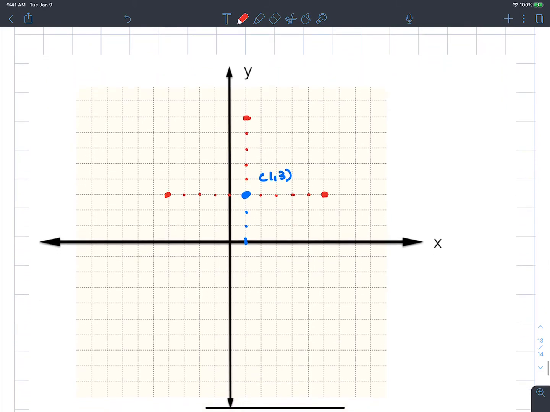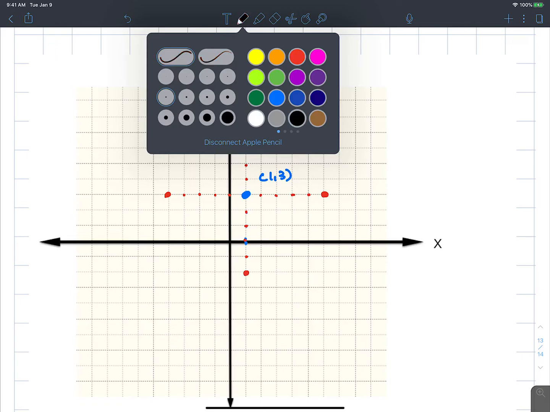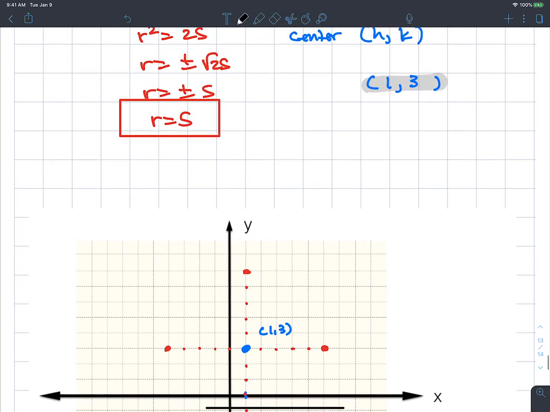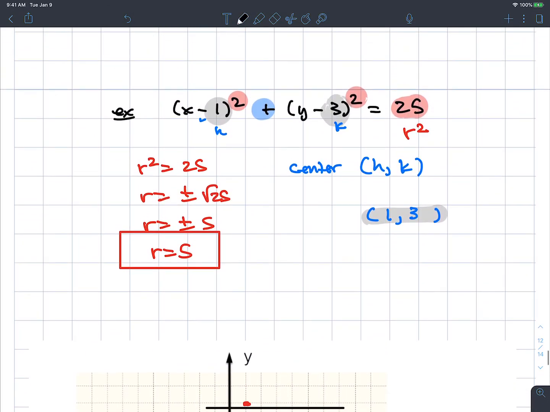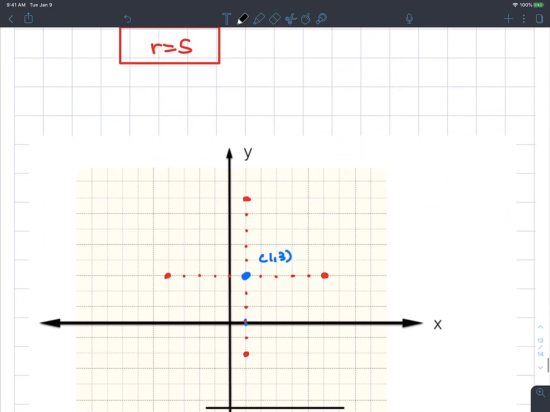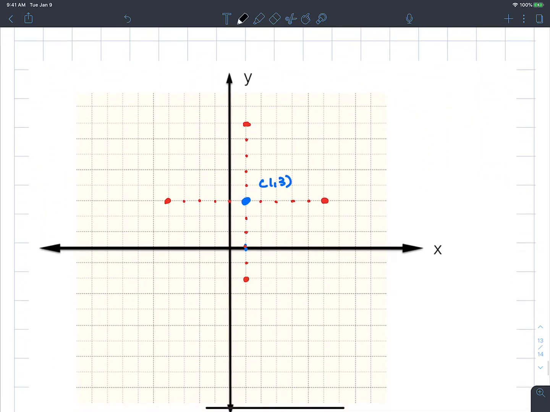And I go down 5. 1, 2, 3, 4, 5. So ladies and gentlemen, you are starting to see the shape of your circle. We just have to sketch it now. So just like before, we have to find h and k, the center, and we have to use the radius, and it's constant. To the right, left, up, or down, it's 5.